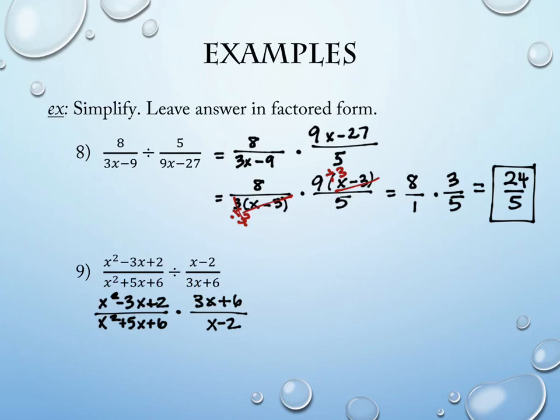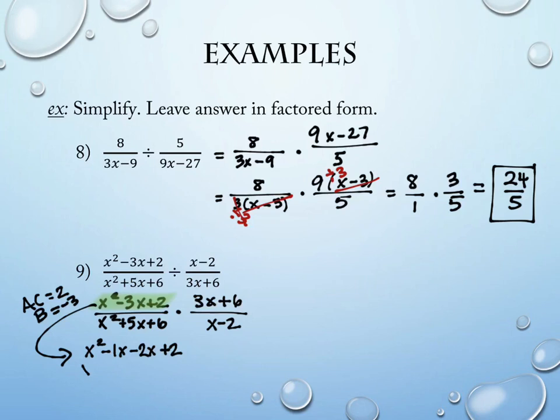Okay, so there's some factoring that needs to happen. Let's start with this one right here. If I do the AC method, AC here is 2 and B is, sorry, not 3, negative 3. You need a negative 1 and a negative 2. So I have x squared, and then I need a negative 1x and a negative 2x, and then I have my plus 2.